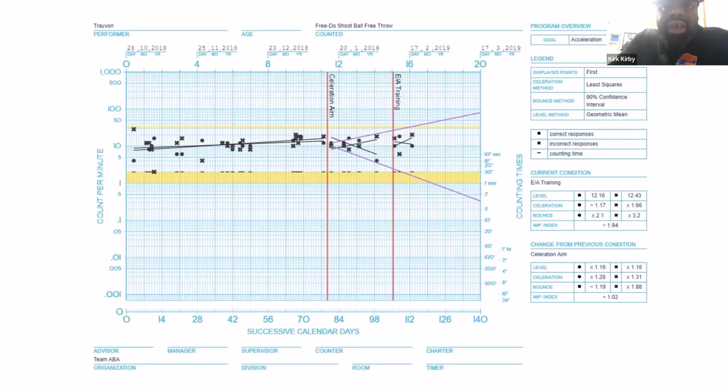You see some gradual improvement, because at the end of the day, what we've learned is that with shooters, we're not going to see times two acceleration with most shooters. If we're seeing times two in anything, it is a kid that has probably never picked up a basketball, or rarely picks up a basketball.